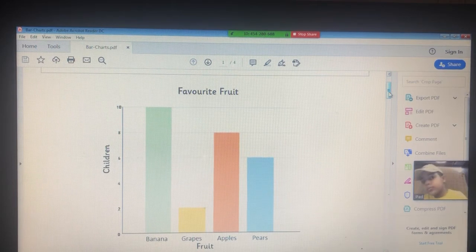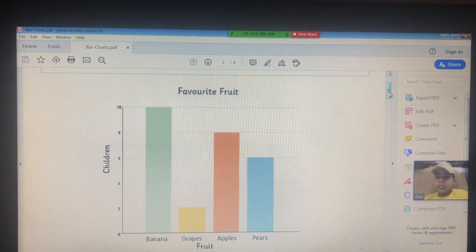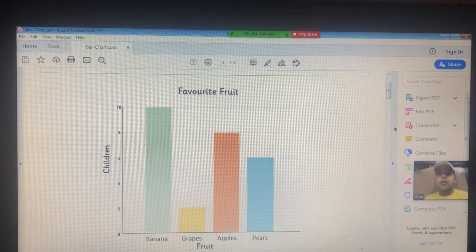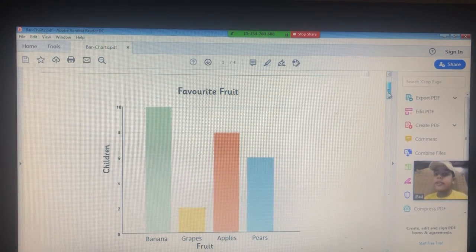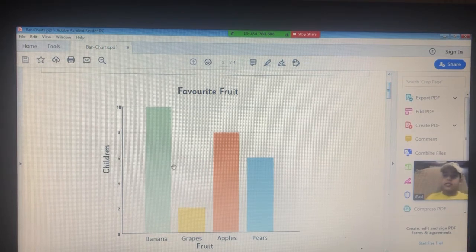Does it show pictogram or bar graph? Bar graph. Excellent. So, what is the title? Would you read the title for me? Favorite food. Amazing.